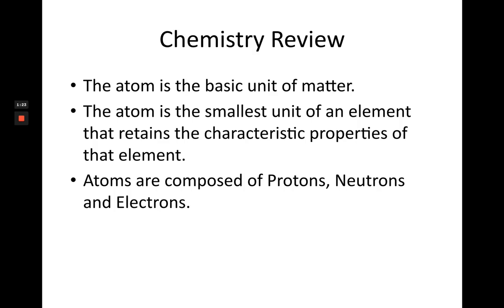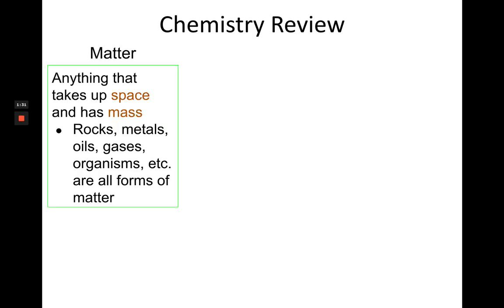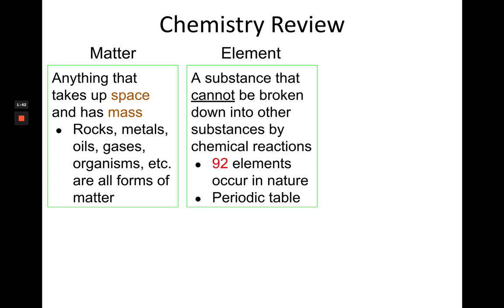Of the subatomic particles, there are many, but the only ones you need to be concerned with are the protons, neutrons, and electrons. Again, matter is anything that takes up space and has mass: rocks, metals, oils, gases, organisms. Any of those are all forms of matter. From matter we have elements, which are substances that cannot be broken down by other substances by chemical reactions.